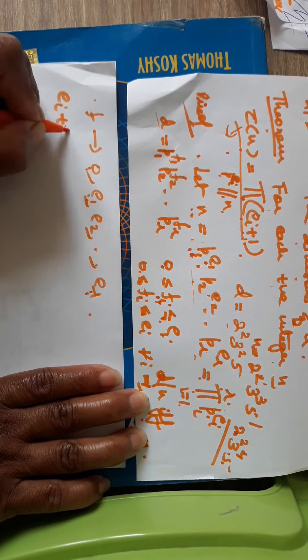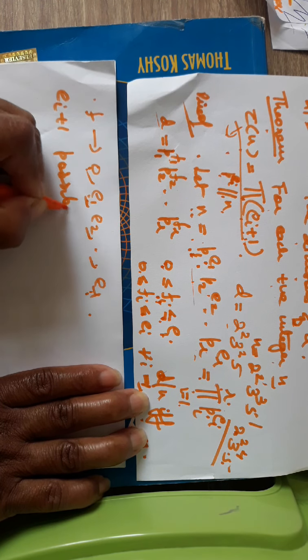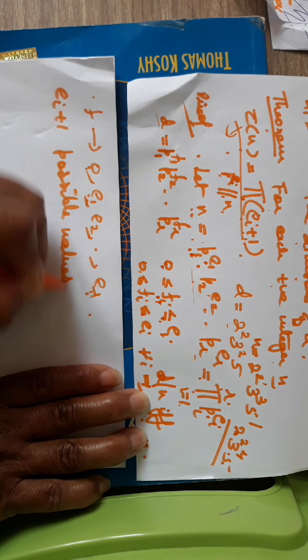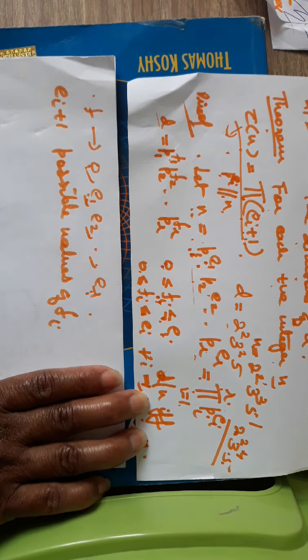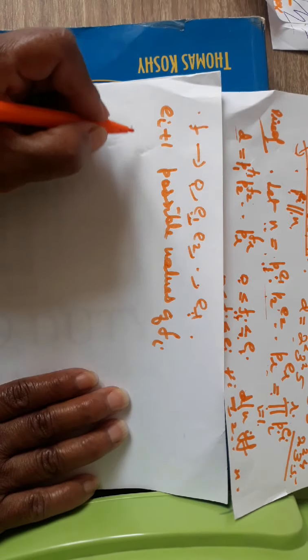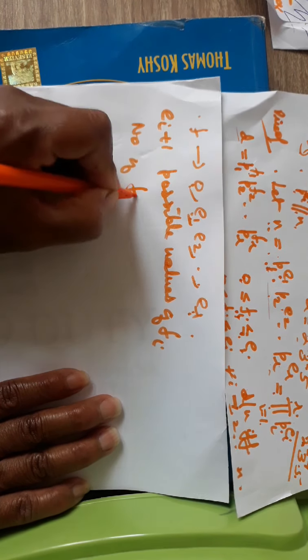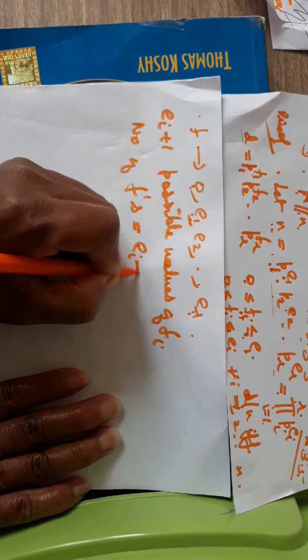There are ei plus 1 possible values for fi. That is, the number of choices for fi is equal to ei plus 1.